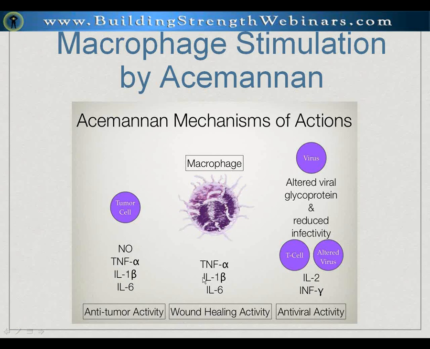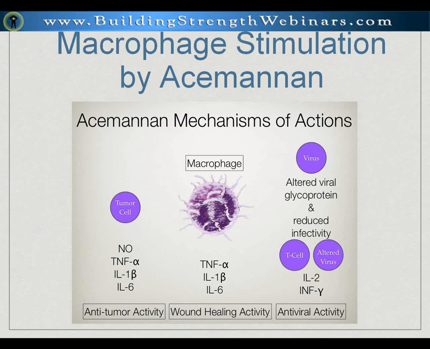When the asmanid just comes in contact with macrophages themselves, you end up with the production of tumor necrosis factor alpha, interleukin-1 beta, and interleukin-6, which are essential, again, with natural leukemic activities within the body.